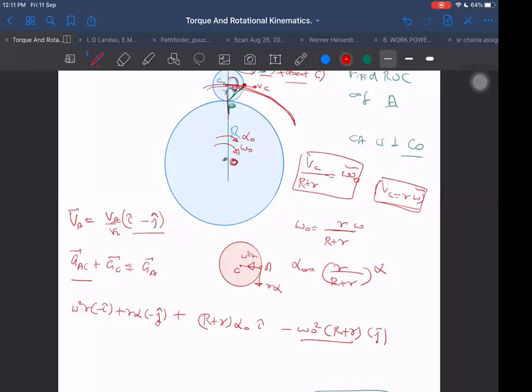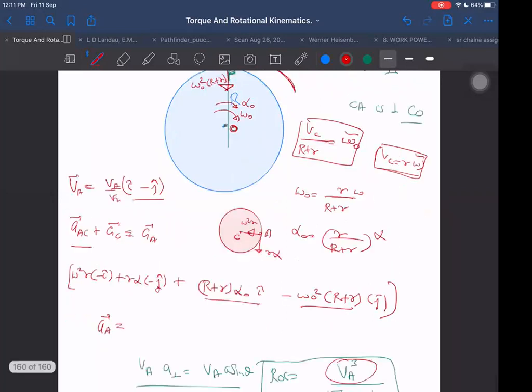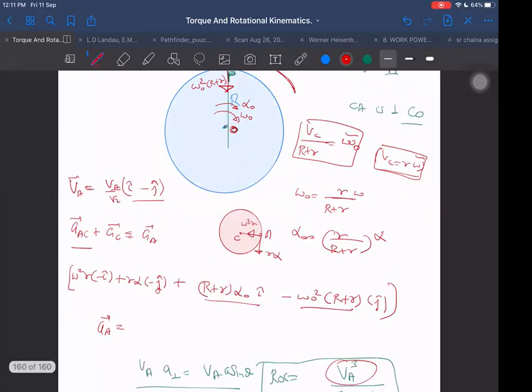One is omega naught square into the total radius R plus r, and the other is the tangential one, which is along i cap. If you got it, then you get the net acceleration of A. Let's take the i terms together. R plus r into alpha naught is not given, so I have to replace alpha naught in terms of alpha.